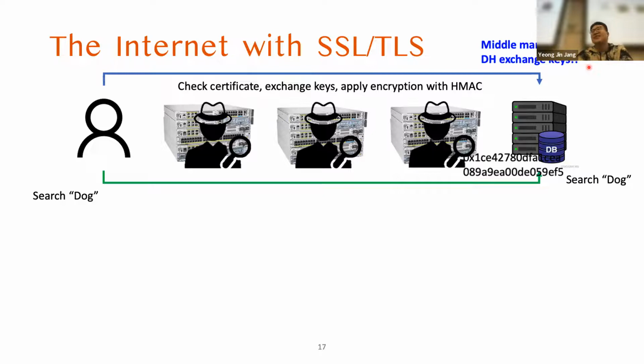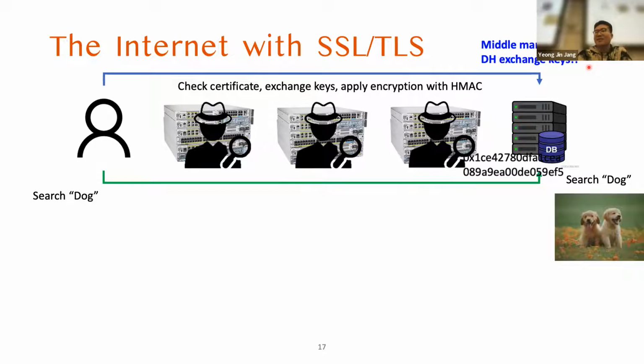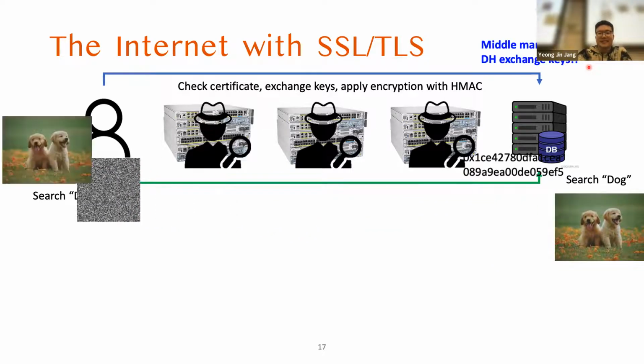The server decrypts it, runs the search and prepares the image, but needs to encrypt it again and send it over the internet. Then I can decrypt it and get the result. Nobody in the middle knows about the result, and nobody in the middle can change the data. If a change happens, I can verify it with the MAC, HMAC.